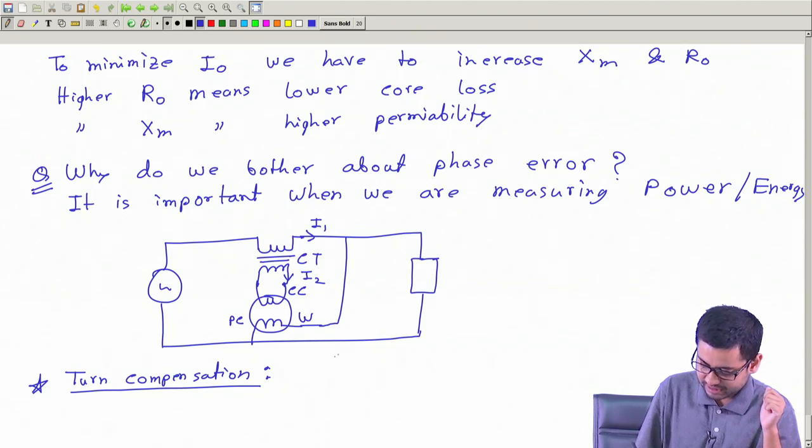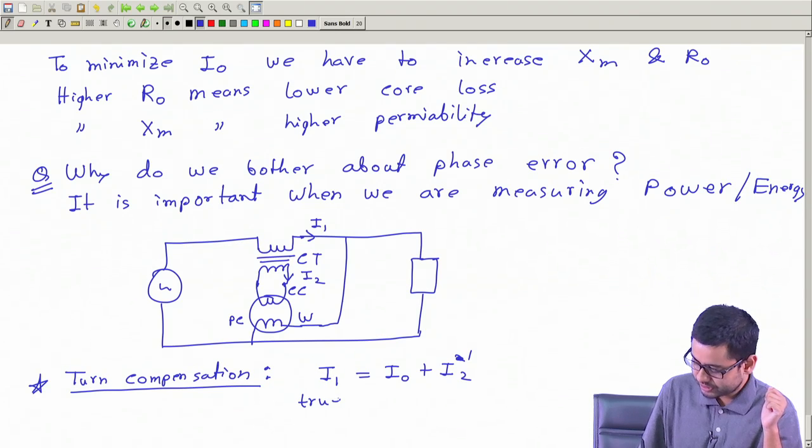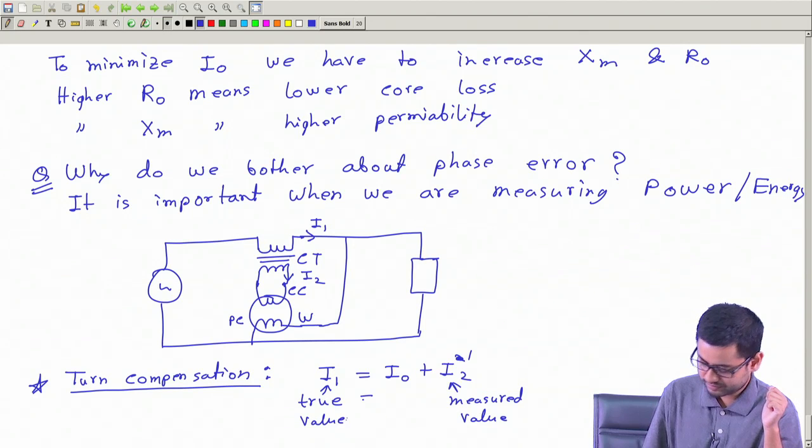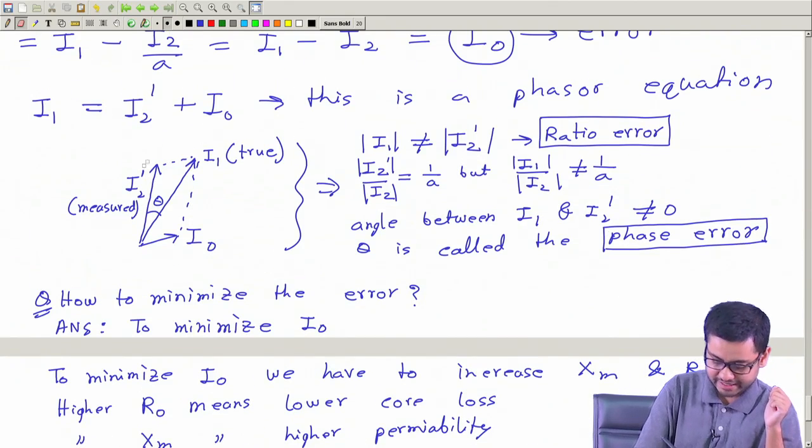So we see that I1 is equal to I0 plus I2 prime, where I1 is the true value, and this is the measured value. And also from this vector diagram we see that this true value is the phasor sum of these two currents.